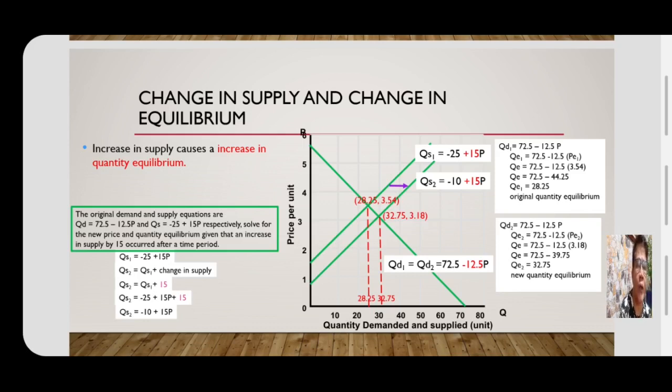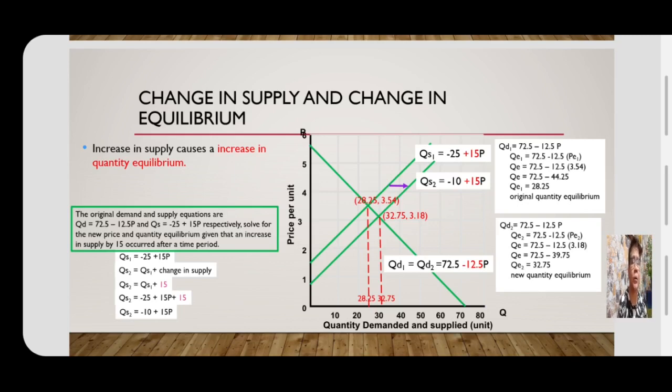So solving for the quantity equilibrium, we have to use the original demand equation, which is given by 72.5 minus 12.5P. If we substitute the original price equilibrium for the P of the original demand equation, we can derive the quantity value, which is 28.25, and this quantity value will serve as our original quantity equilibrium.